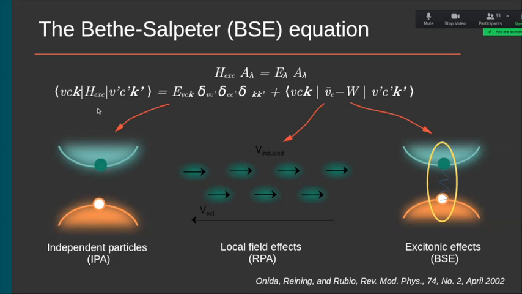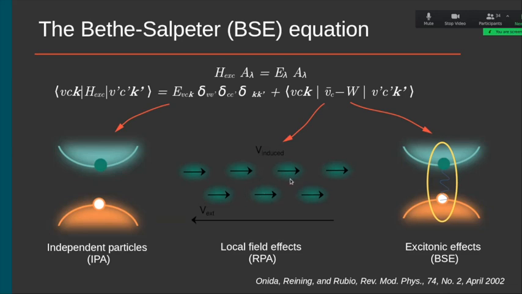In the Hamiltonian, we can express it as a sum of these terms, where we have the diagonal corresponding to the independent particle energies. This means the energies of the conduction states and the valence states without including any interaction. And also we have the Coulomb interaction that will give the local field effects.